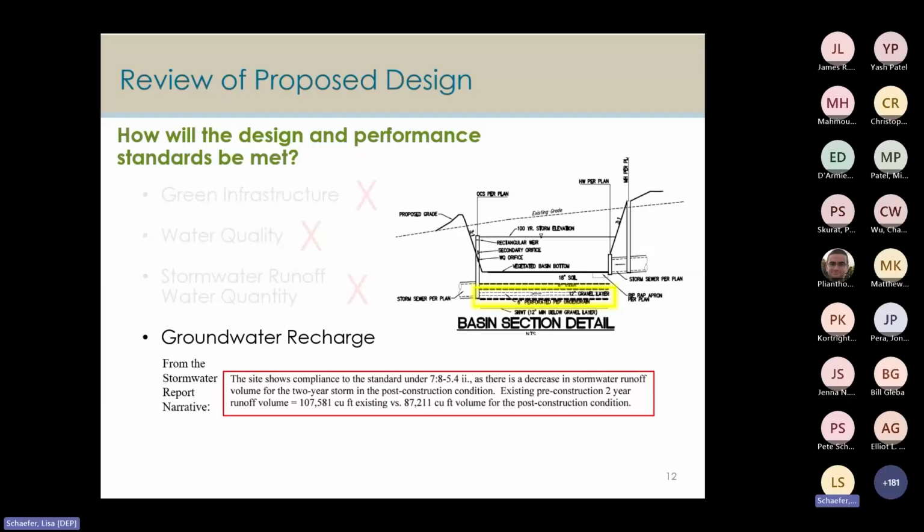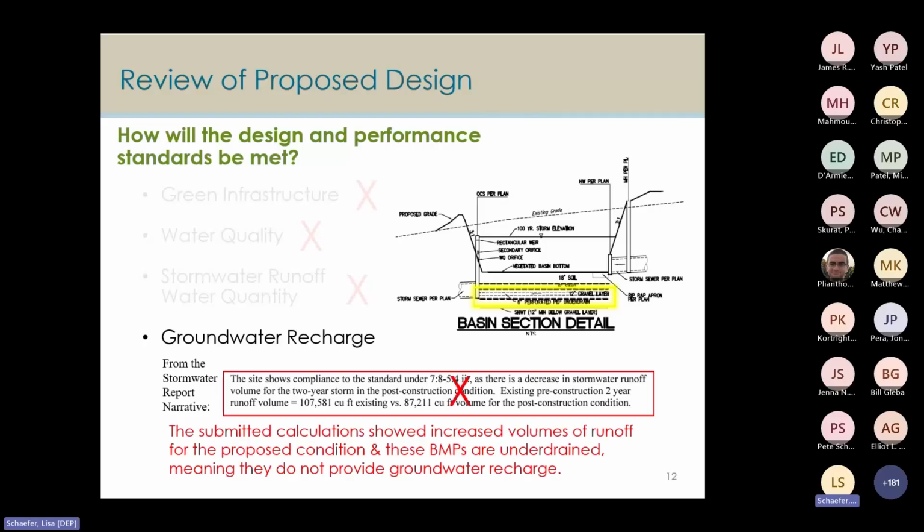But the narrative was never revised, as the report calculations themselves show an increase in the volume of runoff generated by the proposed design. So once more, the proposed design doesn't demonstrate compliance. All right, so we'll let them know that the project will have to be revised along with the narrative.